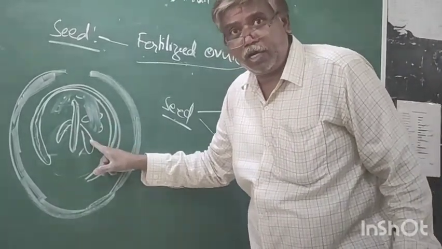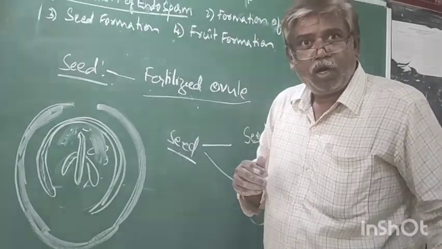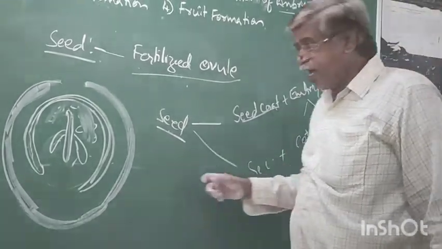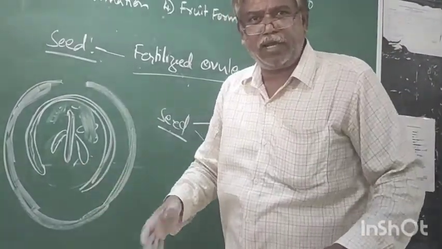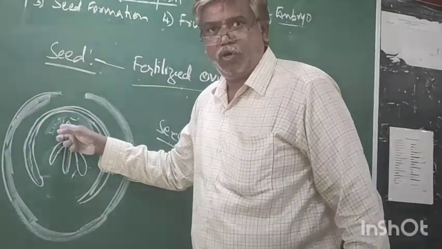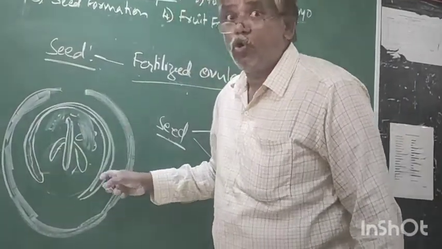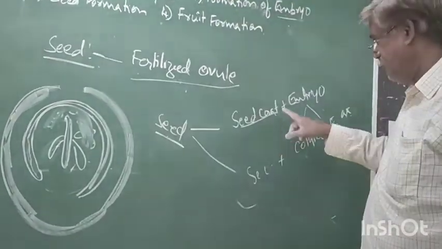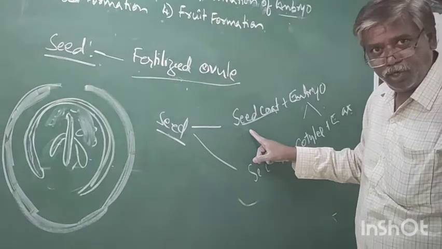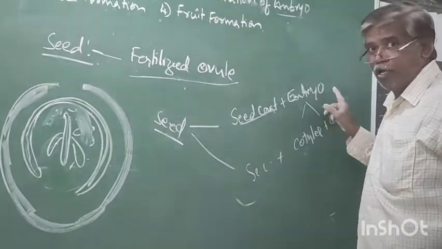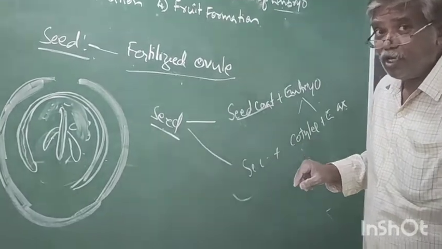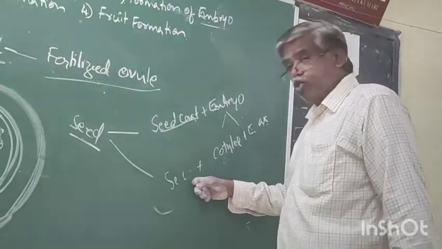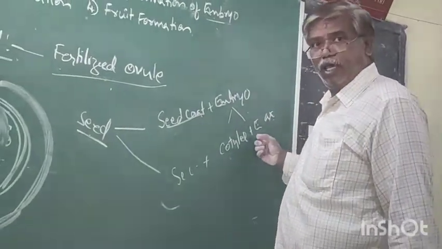What are these two? Cotyledons. Simply this is called embryo. Now what is this? Seed coat. That means the seed contains two parts, seed coat and embryo. But sometimes, in some books, the seed contains three parts: seed coat, cotyledons, embryonic axis.